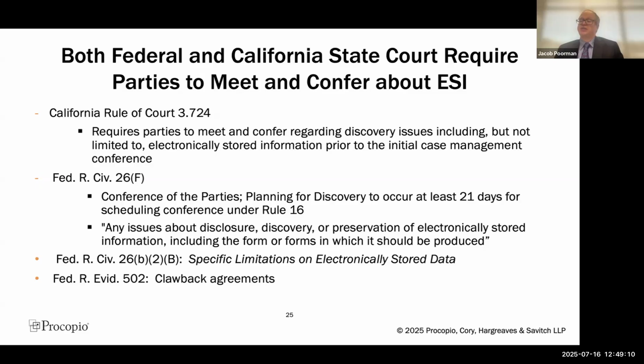Parties must also discuss the potential need for a protective order and any procedures to which the parties might agree for handling inadvertent production of privileged information or other privilege waiver issues pursuant to Federal Rule of Evidence 502(d) or (e), including the possibility of a 502(d) order.